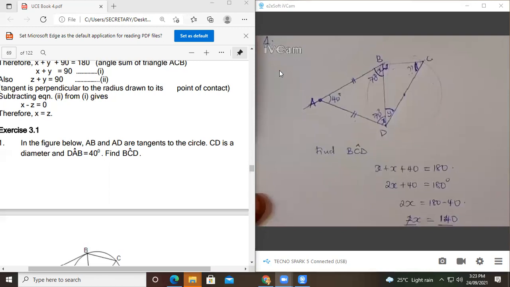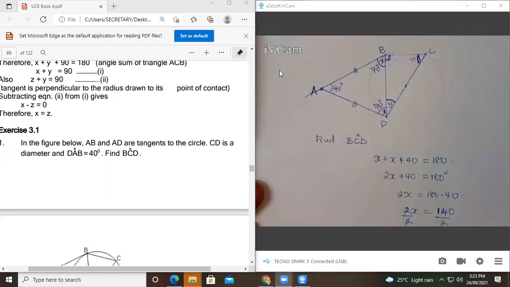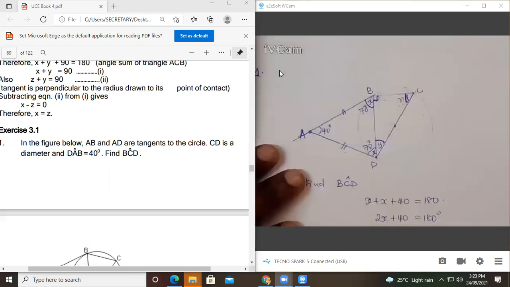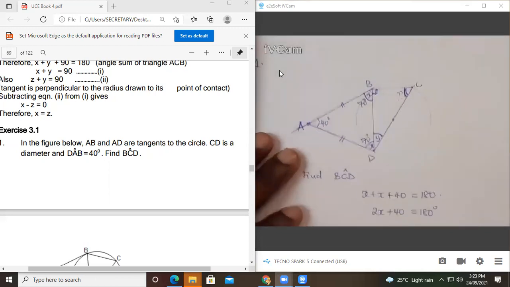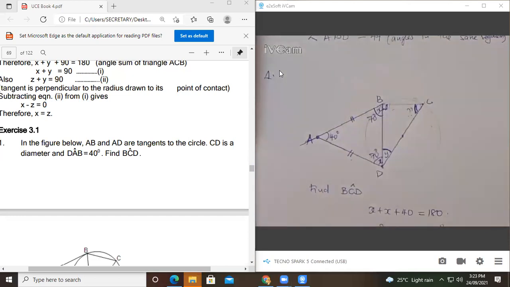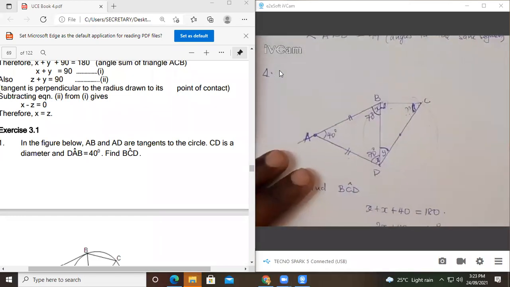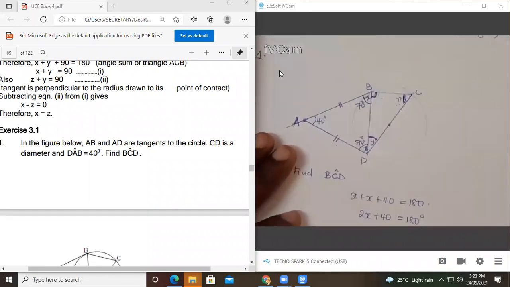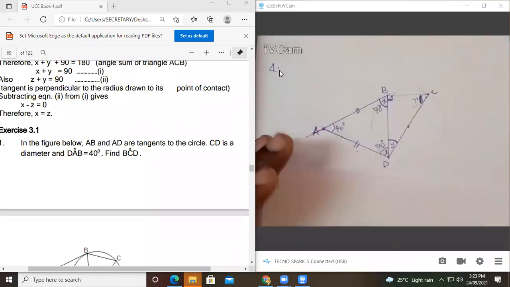Teacher, what if you draw a line joining A to C? A to C. Why? Members, are you there? Are the heads working now? That is exercise number 1.